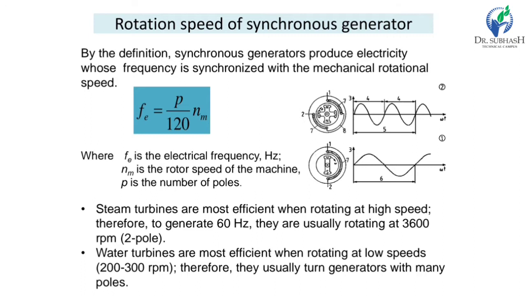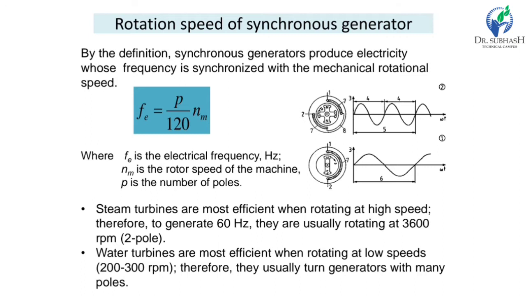So we can say that N upon 60 is equal to small n and P upon 2 is equal to small p. In one revolution of the rotor, the armature coil is cut by P by 2 north poles and P by 2 south poles.